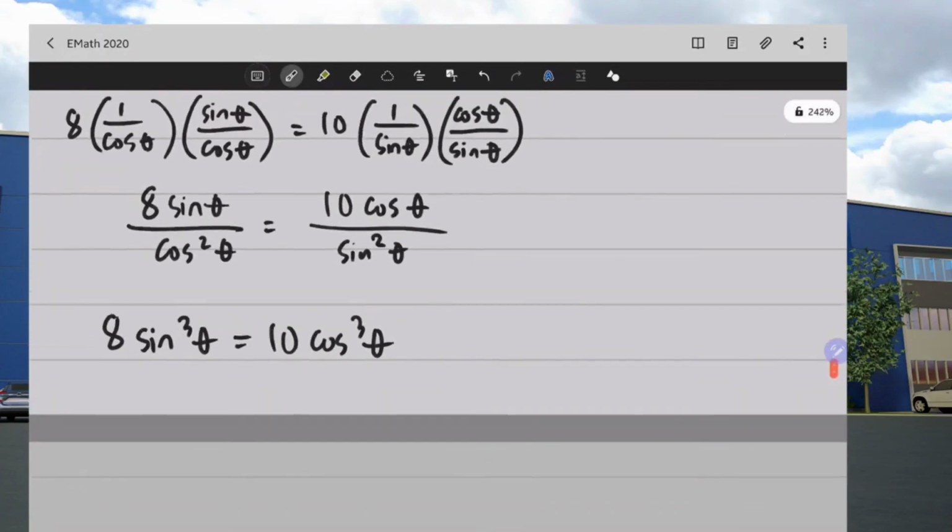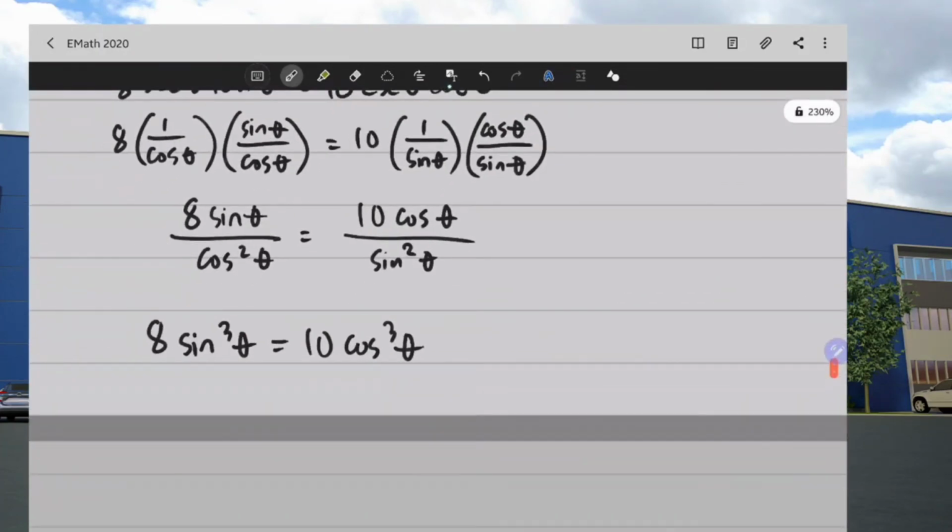So therefore, kung exchange natin siya, let's move cosine cube theta to the other side and this to the other side. So this would become sine cube theta over cosine cube theta. That is equal to 10 over 8. Tama ba? 10 over 8.